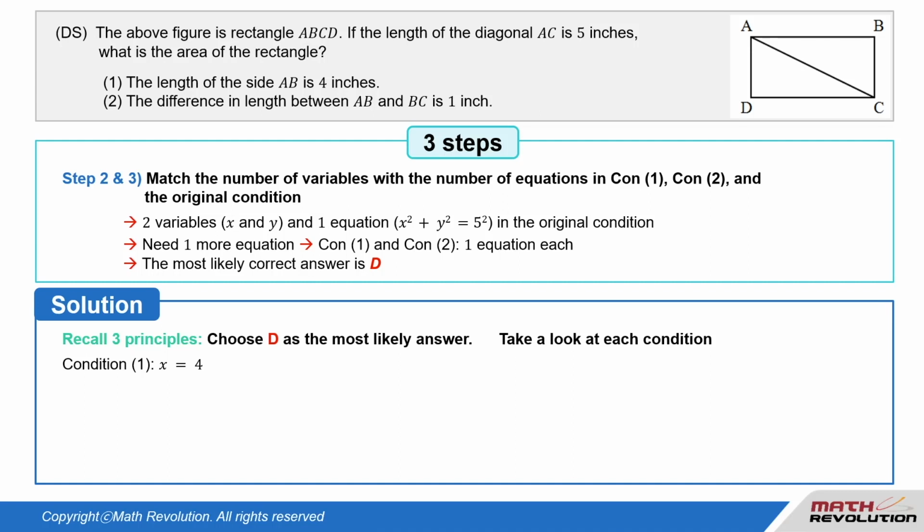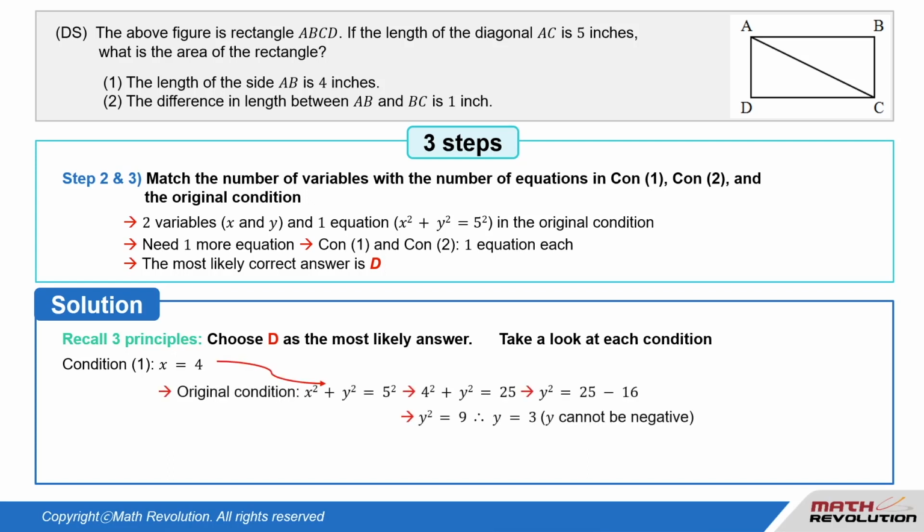Condition 1 tells us that x equals 4. Therefore, substitute 4 for x in x squared plus y squared equals 5 squared to get 4 squared plus y squared equals 25, which is y squared equals 25 minus 16, y squared equals 9, or y equals 3, as y cannot be negative.